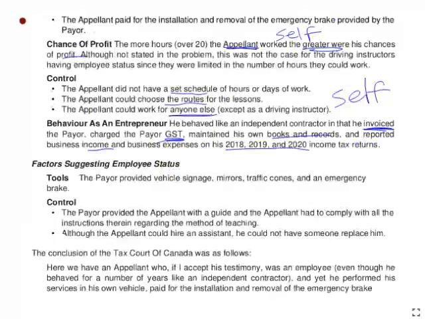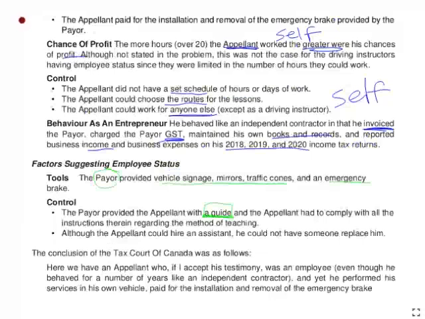Now, what about employee? Well, we did have one tool, a much more minor tool, which was the vehicle signage, mirrors, traffic cones. So these kind of smaller tools and the emergency brake were provided by the payer. As far as control goes, the payer was providing the guide, which is how the worker was supposed to do the training.